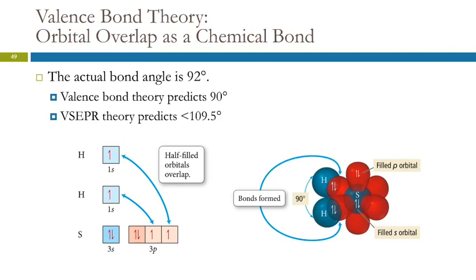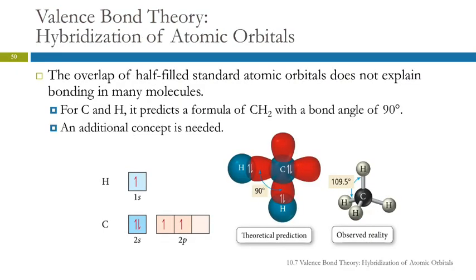Let's look at carbon and hydrogen. So one carbon atom bonding with some hydrogen atoms. So here's the orbital diagram for carbon, and we have a full 2s orbital and two half-filled 2p orbitals. Of course, hydrogen has half-filled orbitals.